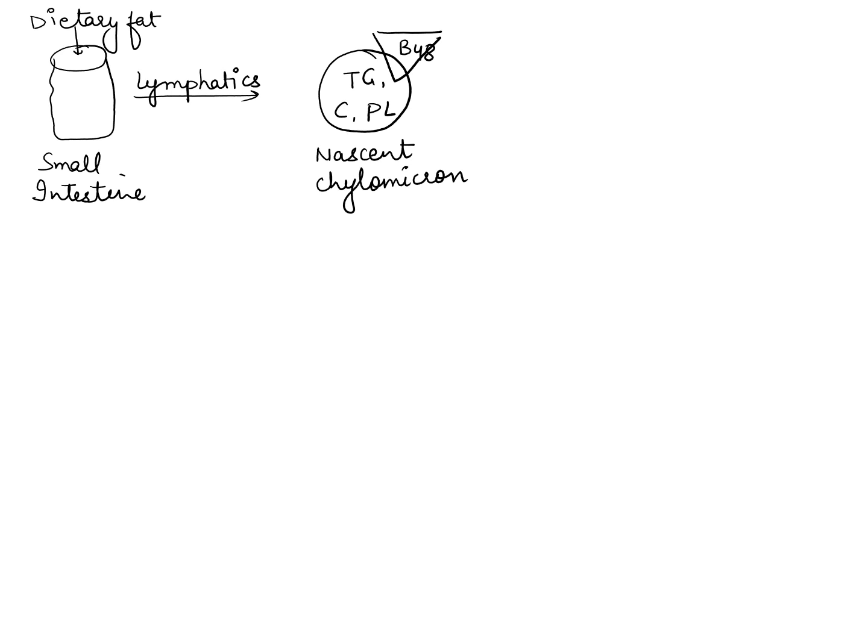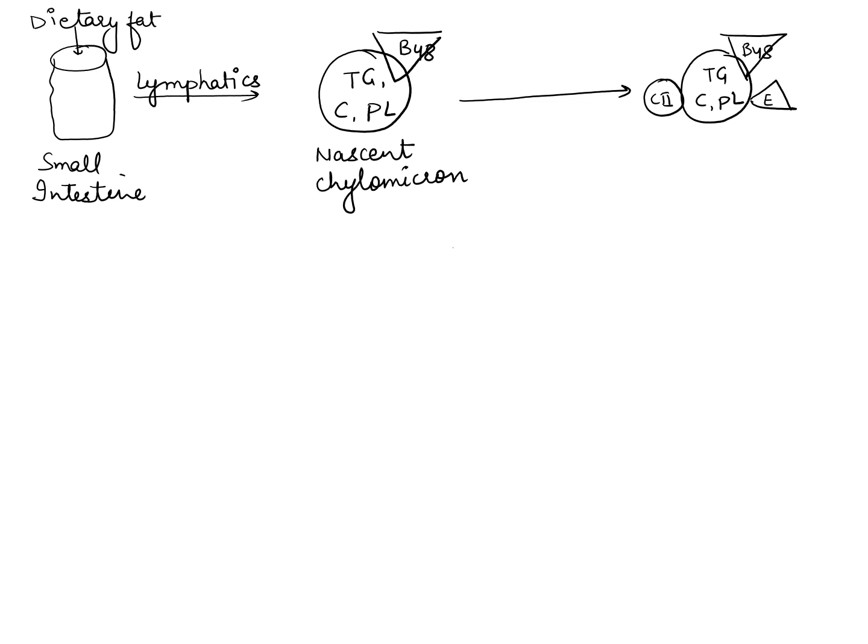Now this nascent chylomicron will be converted to mature chylomicron. So this is mature chylomicron. It contains TG, cholesterol, phospholipid, ApoB48, then ApoE and ApoC second.